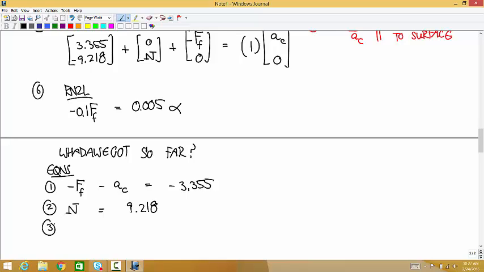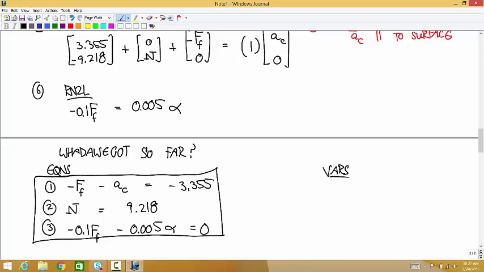The third equation says negative 0.1 FF minus 0.005 alpha is equal to 0. And what do we have for variables? FF, AC, N, and alpha. So we have three equations, four variables.